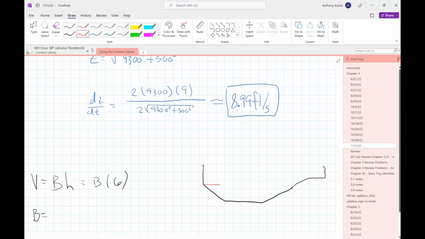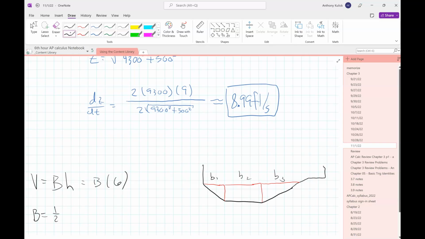So I have a triangle here, a rectangle here, and another triangle there, right? So 1/2. Now this distance, I'll call B1. This distance I'll call B2.